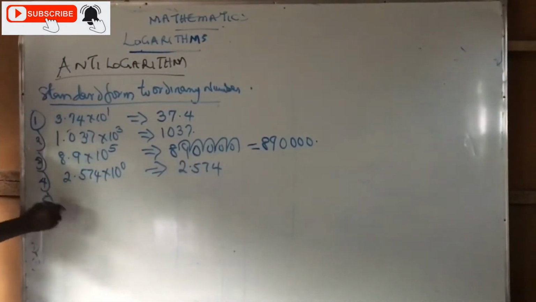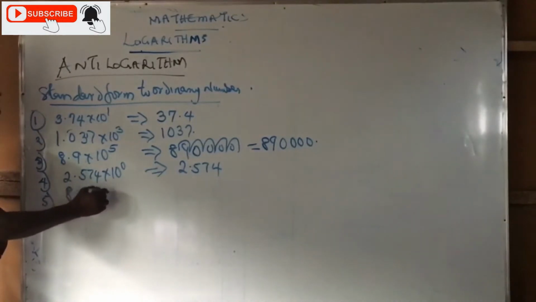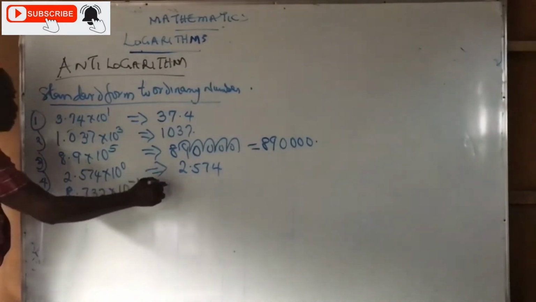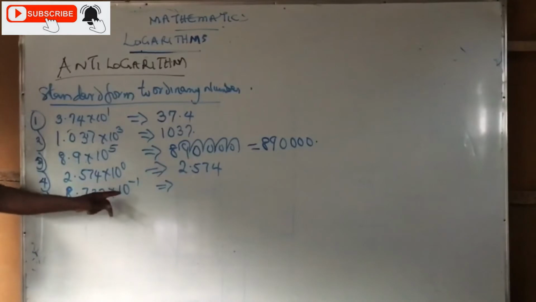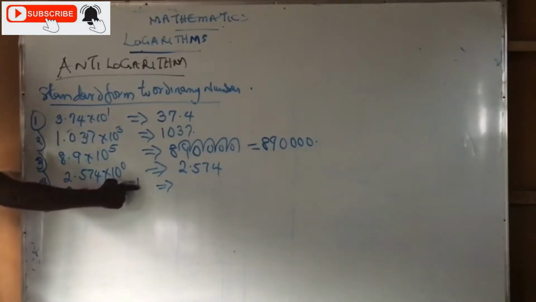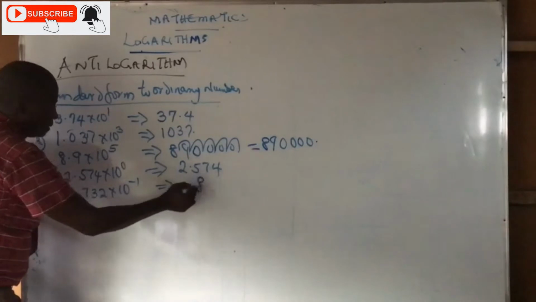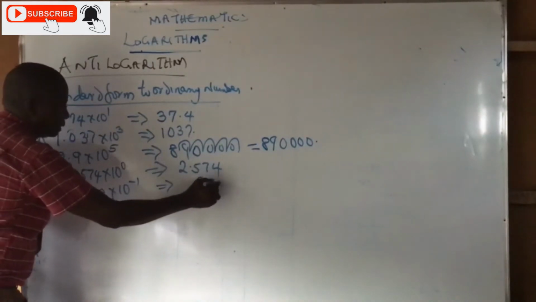Then number 5, whenever the power is negative, 8.732 times 10 raised to power minus 1, and you are writing in decimal point, you shift the decimal point backward with the number of times is 1. That will be 8732.